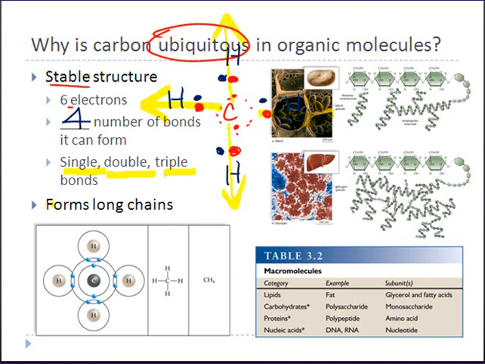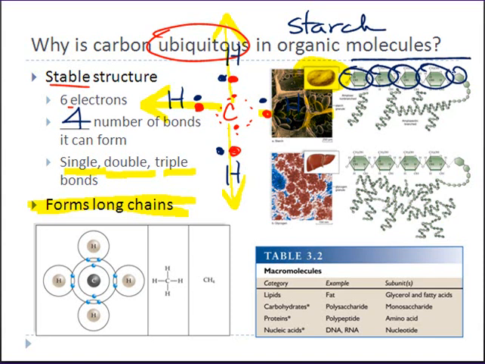The other neat thing about carbon is that it can form very long chains with itself. In fact, you can make molecules that are almost infinitely long. These long chains of organic molecules are commonly seen. For example, potato plants make this type of organic molecule called starch, and starch is extremely long chains of glucose molecules joined one to the other.